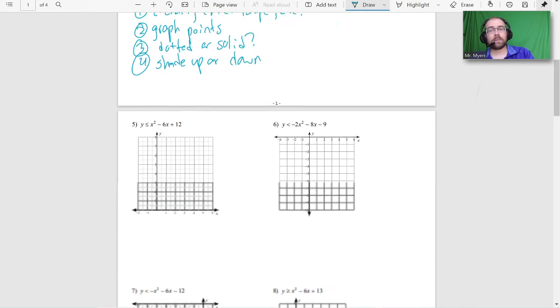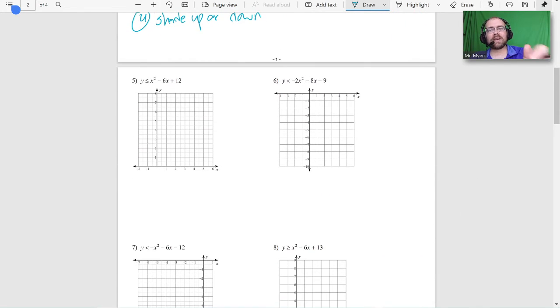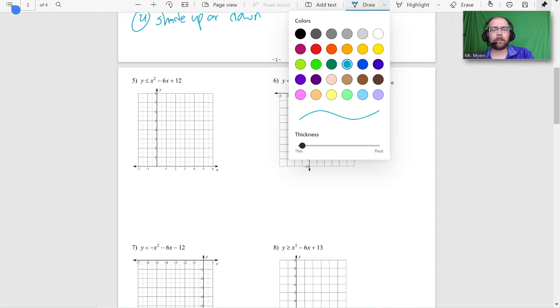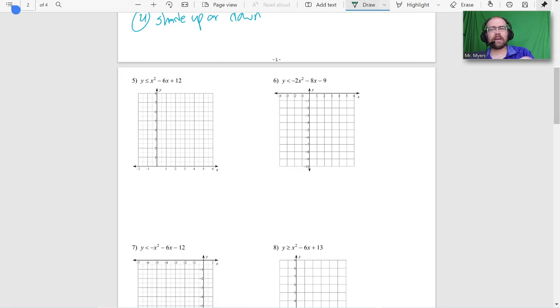All right, moving on. So we're going to do my vertex and slope method now. And actually, it's going to be a little bit weirder to do the vertex and slope method because it's a little bit harder to find out what the vertex is. When it's in standard form, we automatically know what the y-intercept is.